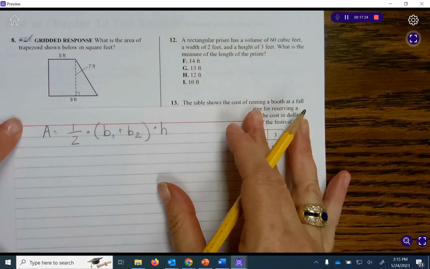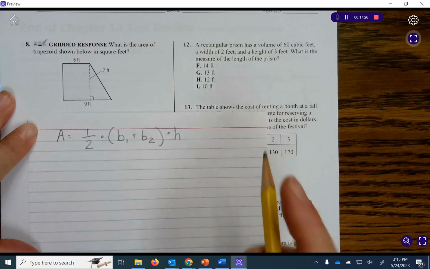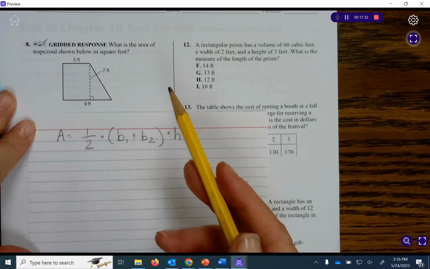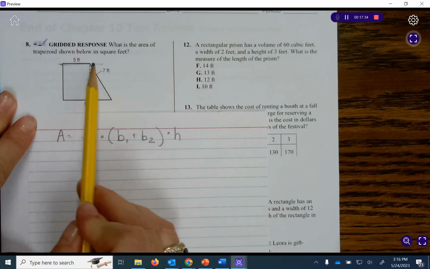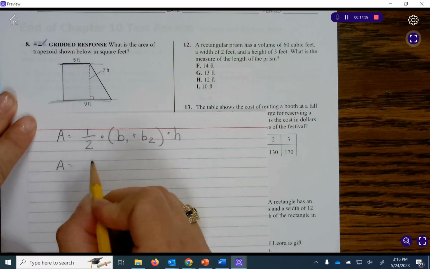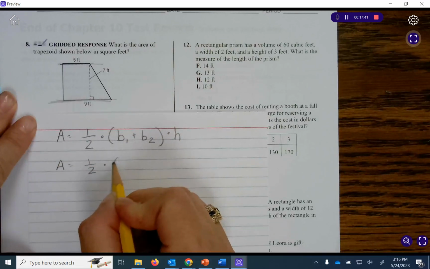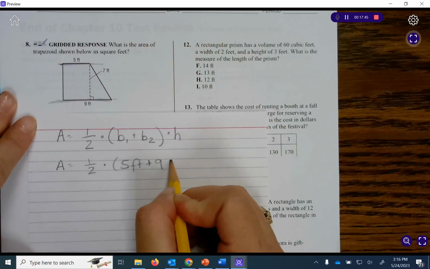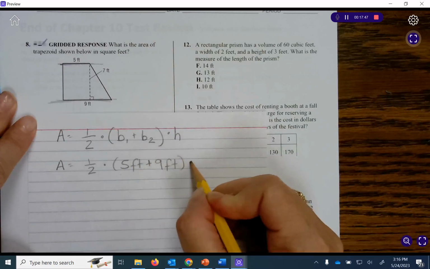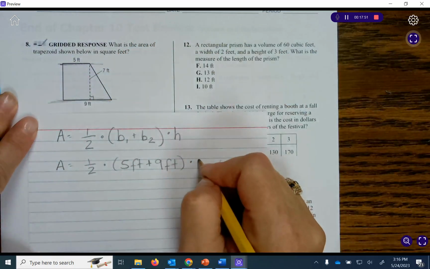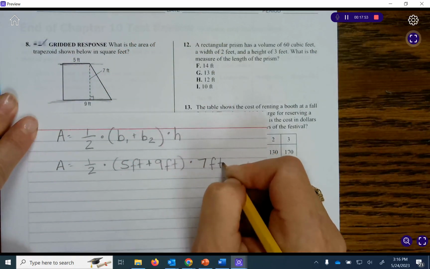And let's identify the two bases. So the bases have to be parallel in a trapezoid, and there's only one pair of parallel lines. So it's the top base and the bottom base. So area is going to equal 1/2 times 5 feet plus 9 feet times the height, which is indicated by this dashed line perpendicular to the base, and that is 7 feet.